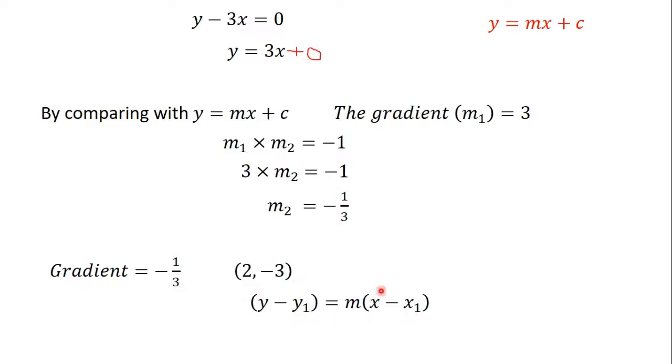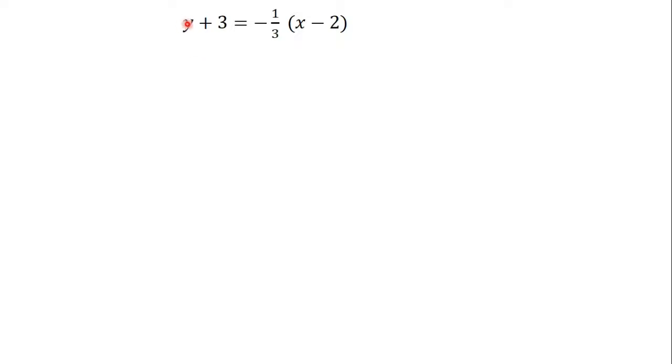We substitute this information into the formula, and this will give us y plus 3, because y minus minus 3 is the same as y plus 3. So we have y plus 3 is equal to minus 1 divided by 3 into bracket x minus 2.